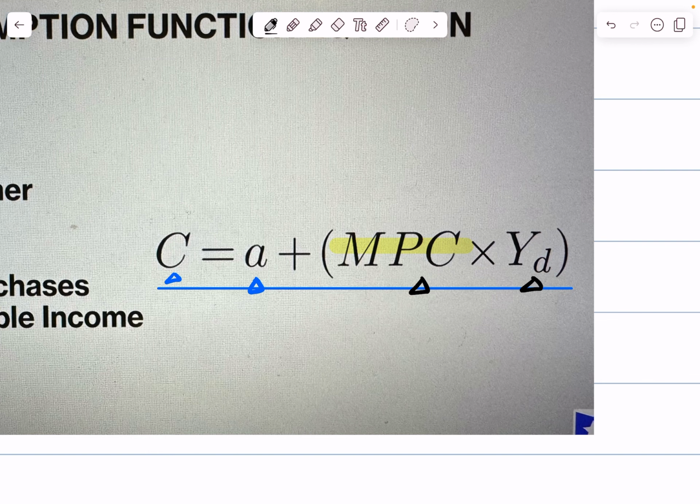It is the proportion of disposable income a consumer decides to spend on consumption rather than saving. When we talk about MPC, we will have an assumption that if you gain income, you will only use it either to consume it or to save it.